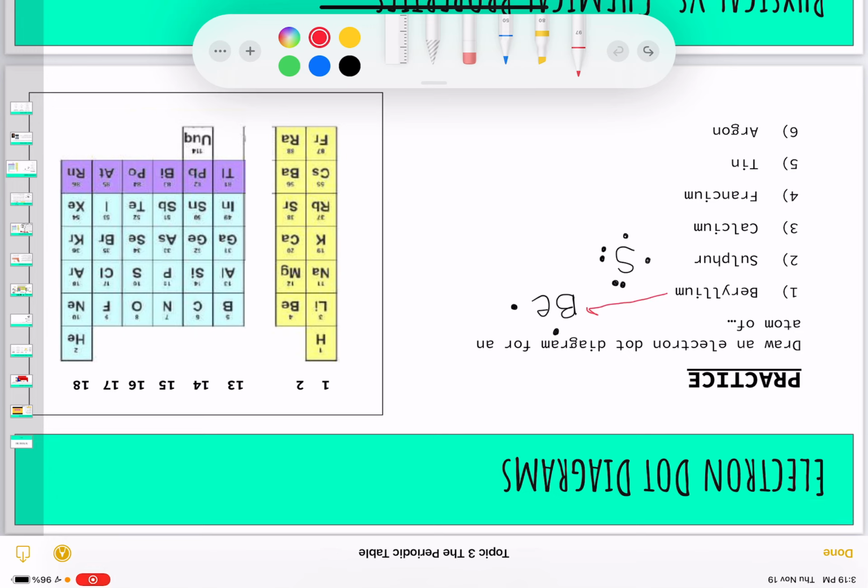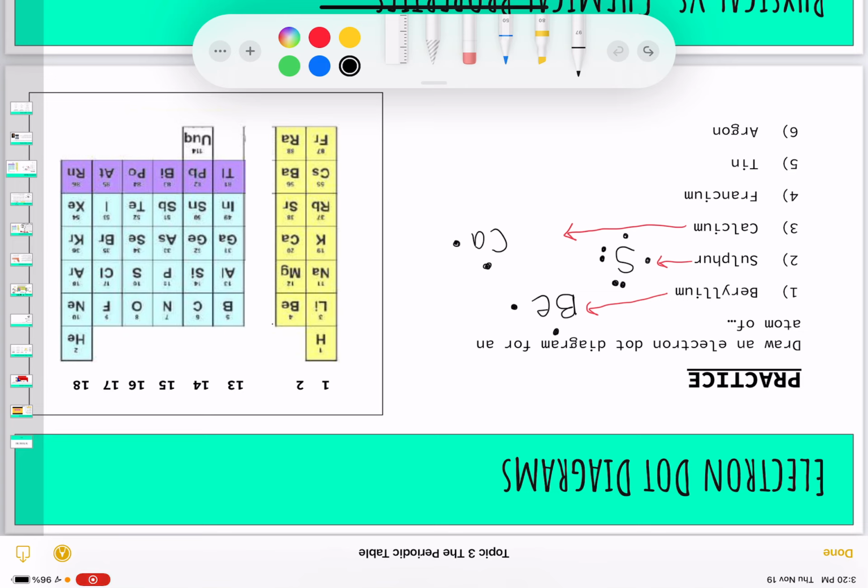So beryllium's right there, sulfur's right there, calcium I'm going to put over here. Calcium is Ca, right here. If we count over from left to right, we get 1 and 2. So we just put 2 dots. Start at the top and go clockwise. Notice that calcium and beryllium only have 2 dots.